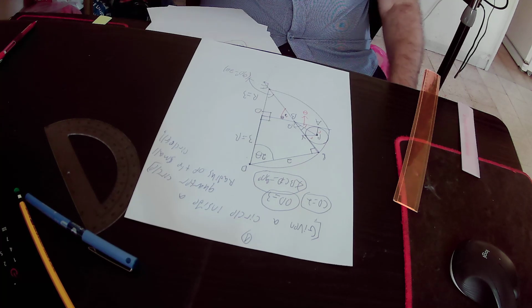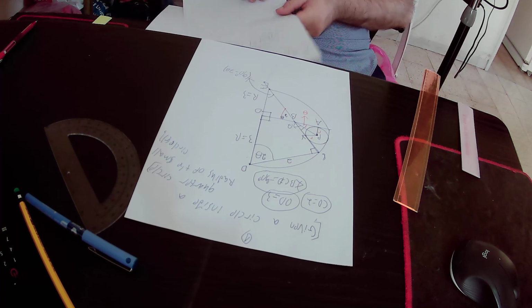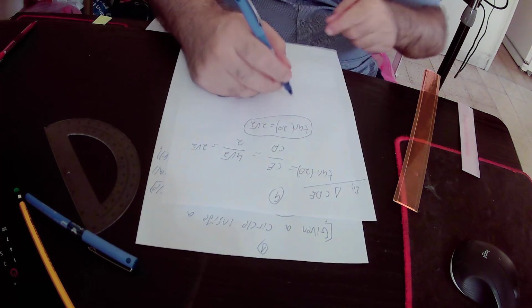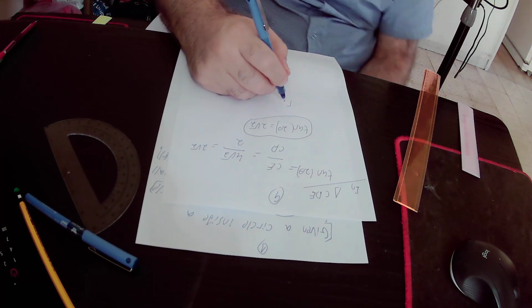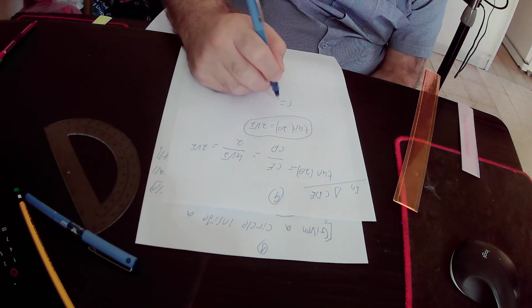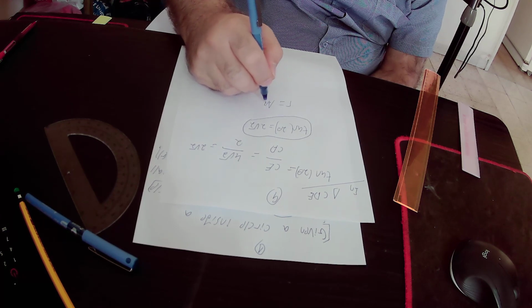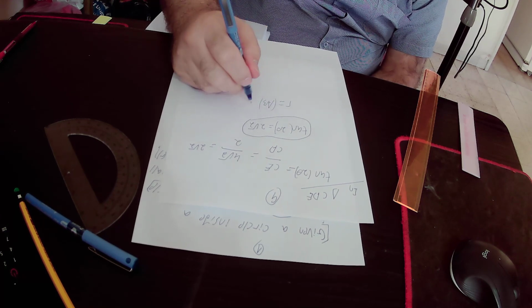And we have already found out that the radius of the semicircle is equal to AB times tangent theta.